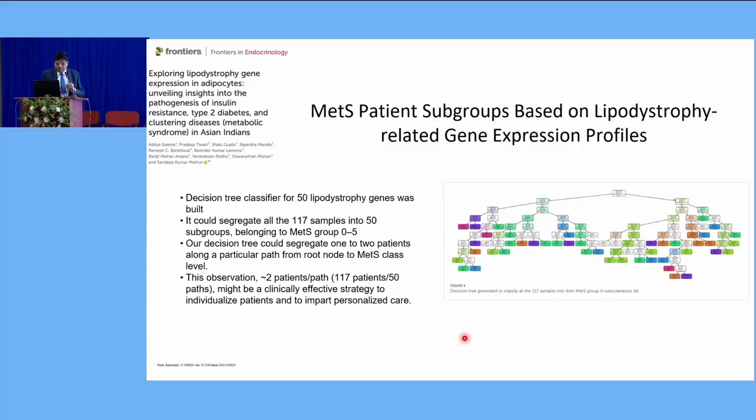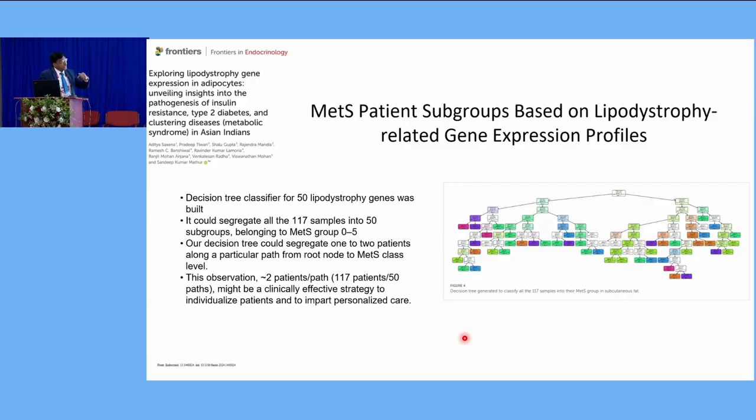This observation: 2 patients per path, 117 patients, 50 paths. We are lucky to find this type of thing. On these 50 paths, all our patients were fitted. Some 2 are in this path, 2 are in that path, and we can predict severity of metabolic syndrome.